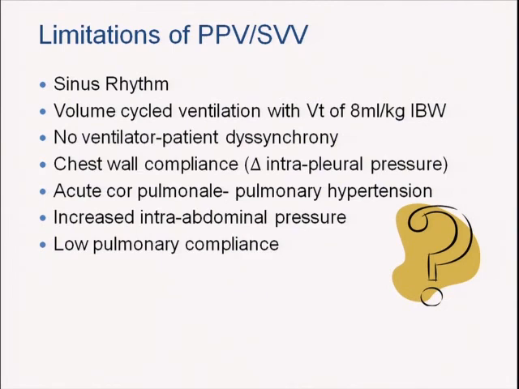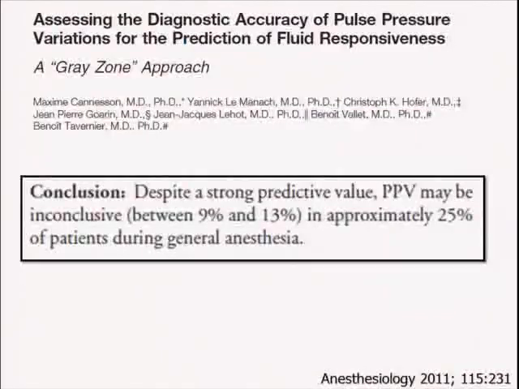So clearly you can see that there are a whole host of factors which limit the value of this technique. And unfortunately, all of the studies that have been published were done in the controlled setting of an operating room under very controlled circumstances, which really don't reflect what happens in the real world. And even in the optimized setting, this is a recent paper by Dr.